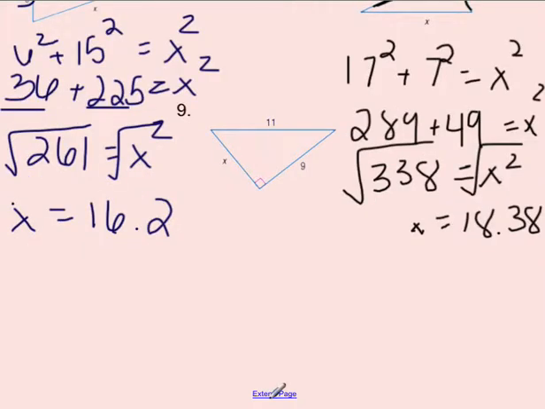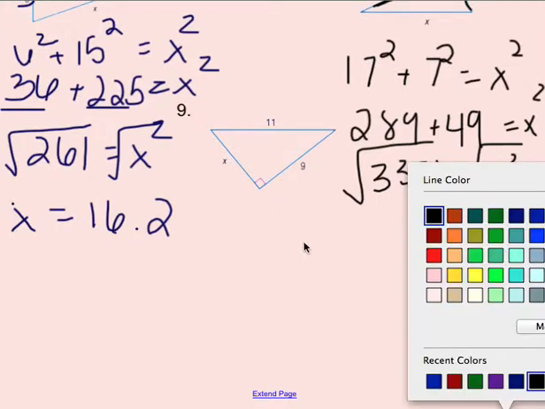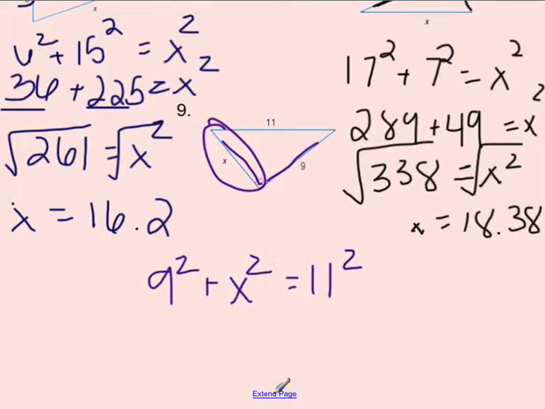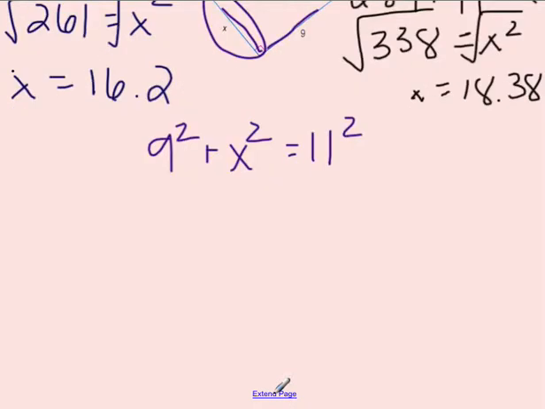Now let's take a look at number 11. For number 11, we know the hypotenuse, but we don't know one of the legs. So 9 squared plus x squared needs to be equal to 11 squared. Now what we want to do is go ahead and solve this for x.